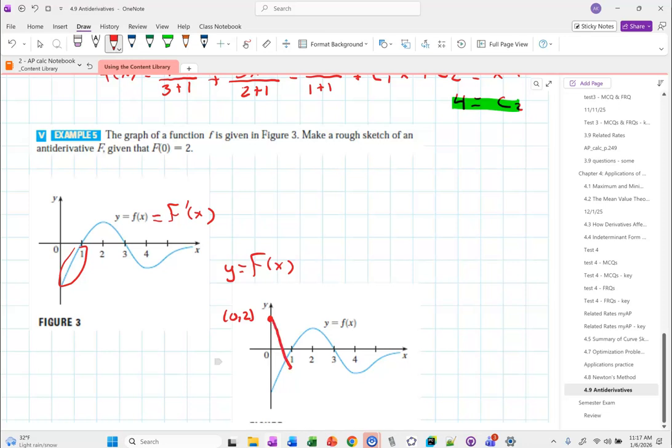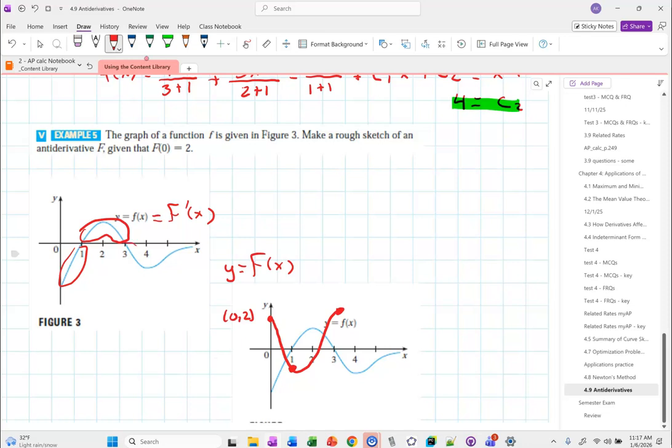So from 0 to 1, it decreased. And then from 1 to 3, our derivative is positive, which means our function should be increasing. Everybody's okay there?